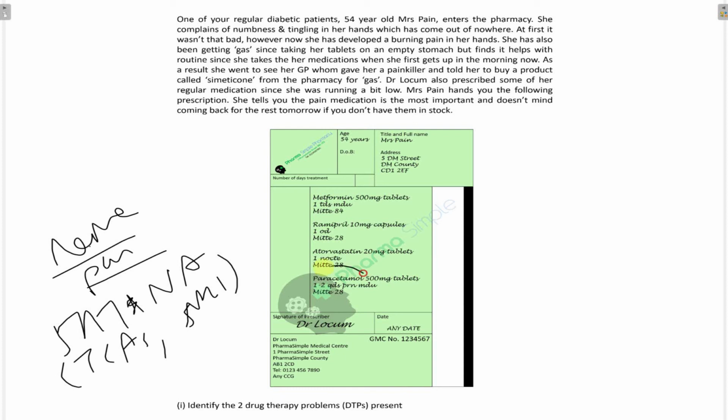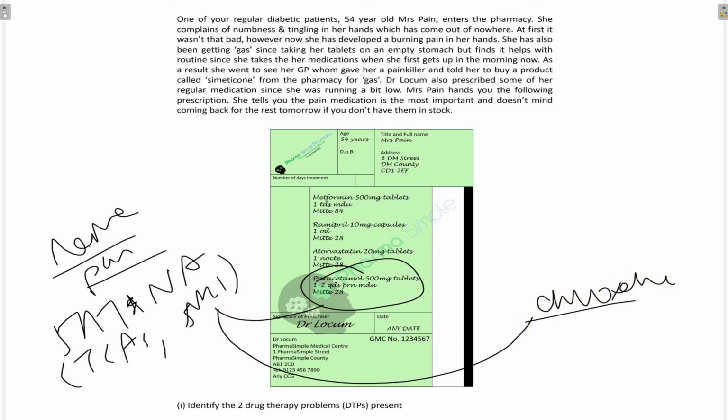This is probably why paracetamol being taken by Mrs. Payne wasn't much help. And usually for diabetic painful neuropathy specifically, we give the SNRI duloxetine, which is specifically licensed for that, for diabetics.